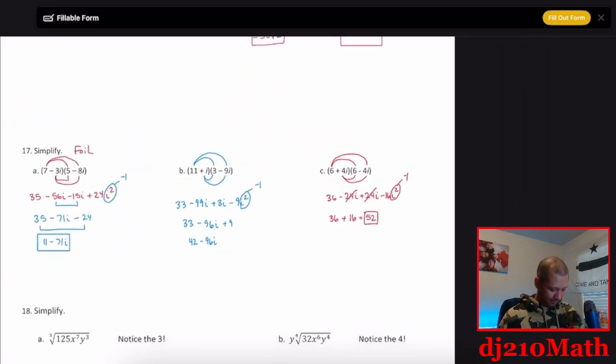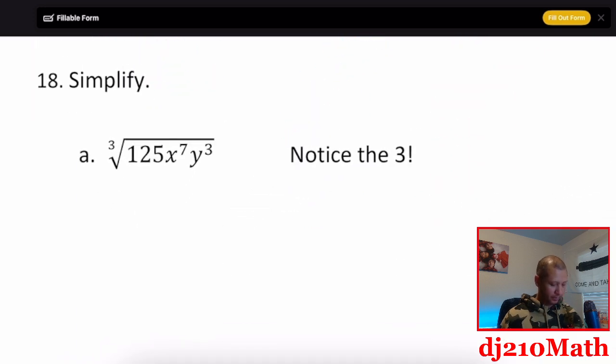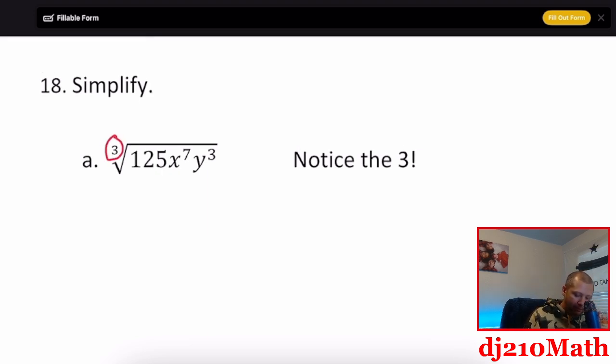Okay, we're at the end. All right. First thing, notice the 3. This means we're going to look for triples. Up until now, we've been circling all the pairs, all the doubles. Right now, we're going to circle triples and bring those out as a single number.